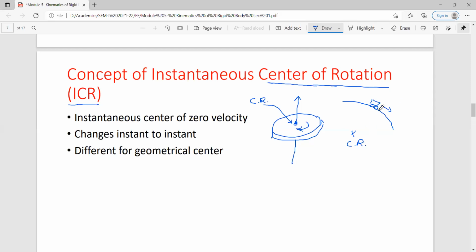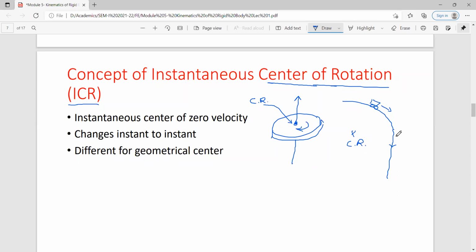Now suppose after some time, as this curved path is over here, again the path becomes straight. After the turn, the path of the car becomes straight here.